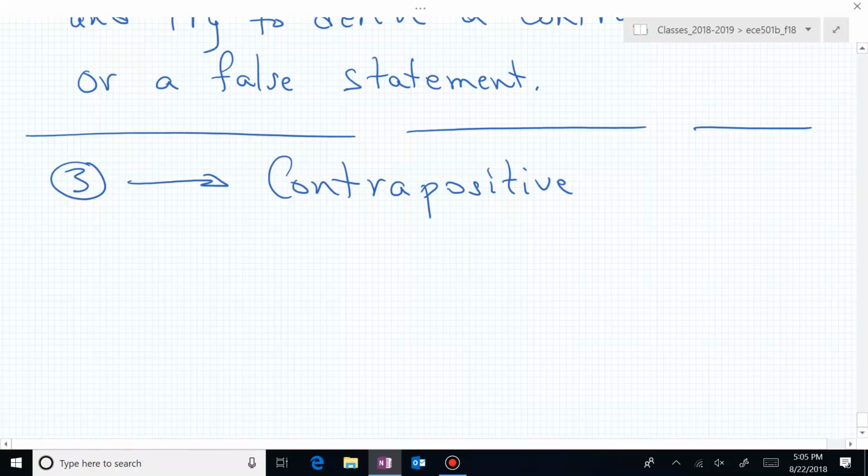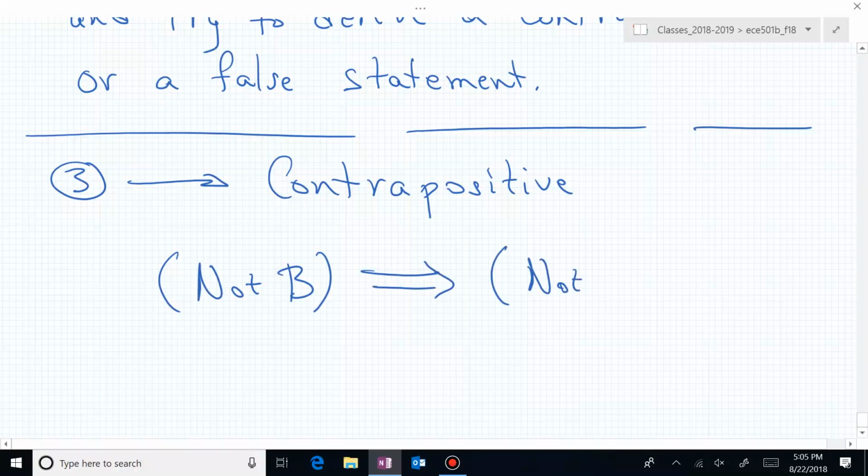But the contrapositive is really a conditional argument, but you start with not B, and that should imply not A. And if you can show that, then you're done. So here you have not B implying not A.